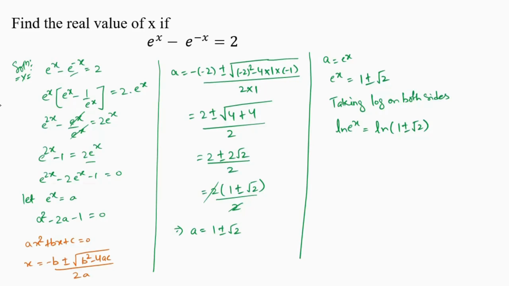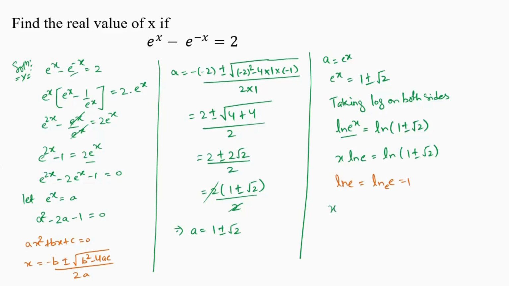So this can be written as x natural log e equals natural log 1 plus minus under root 2. As we know, natural log e can be written as natural log e base e, which is equal to 1.